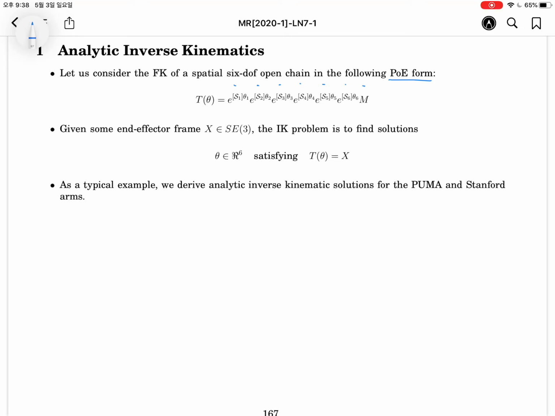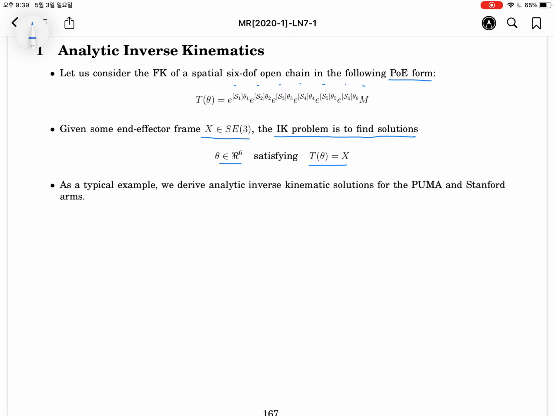The position level IK will be reformulated like this: for a given X belonging to SE(3), a homogeneous transform, the IK problem is to find the solution theta belonging to R6, because we have a 6-dimensional theta, satisfying this nonlinear equation.